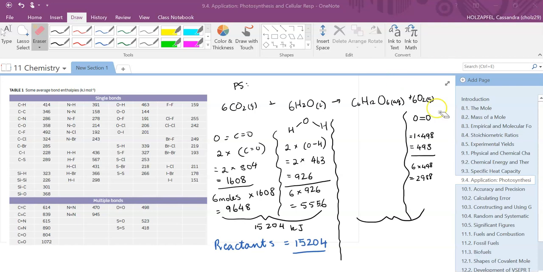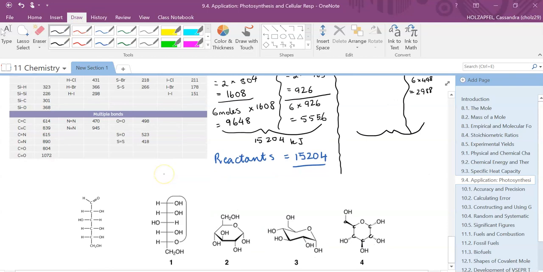So I've just gone and Googled some simple structures for you. If I scroll down here, you can see there's a bunch of different representations that we can use. Just keep in mind with these hydrocarbons, each of these little corners actually represents a carbon. We just won't write it generally.